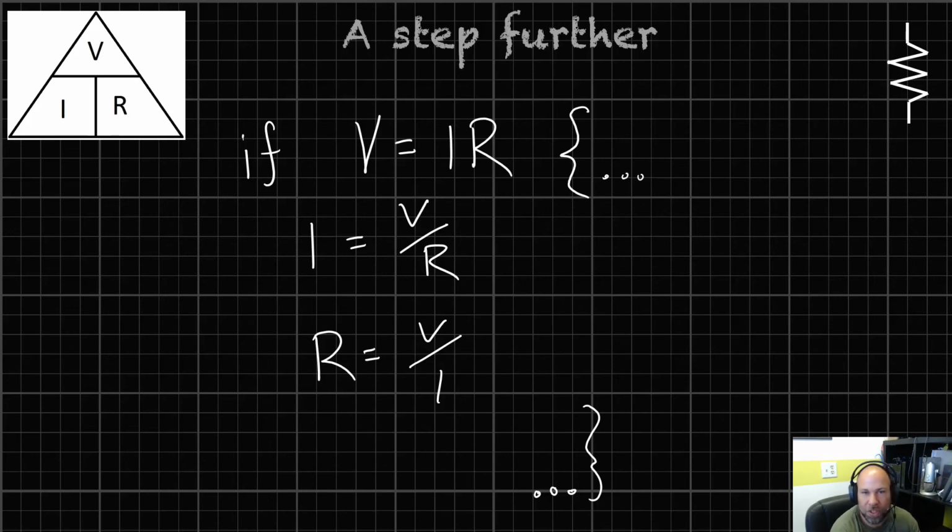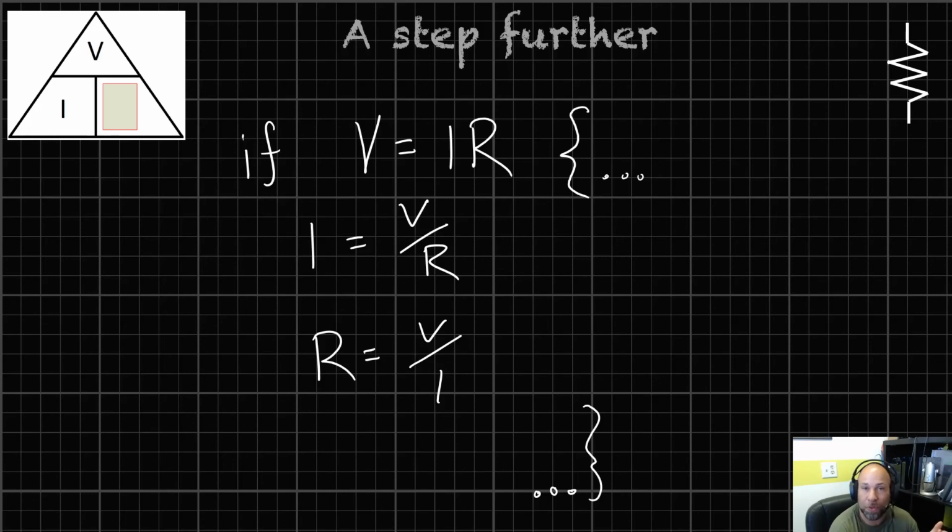If you just shift around the orientation of the letters, you can see, like, if we scratch out I, because we don't know what I is, you see V is conveniently placed over R. If we don't know what R is, we don't know the resistance in our circuit, but we have voltage and current, and you just scratch that out of the triangle there, you see that voltage is conveniently placed over I, and that just happens to be exactly what the equation states.